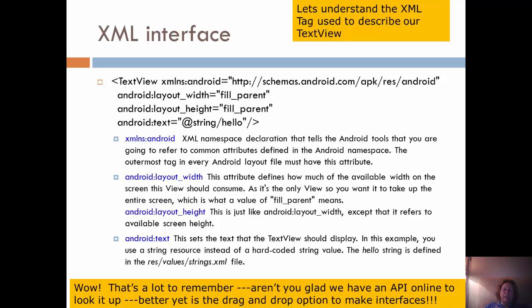And every widget, whether it's a TextView versus let's say a Button, some of the attributes they will have in common, like width and height, because anything that you visually see will have a width and height generally associated with it. But some things won't, like for example an ImageView. There's no text associated with an image, right? But there is with the TextView and with a Button, the text that appears on it. So the attributes are going to be different for every widget. Some in common, but some specific.